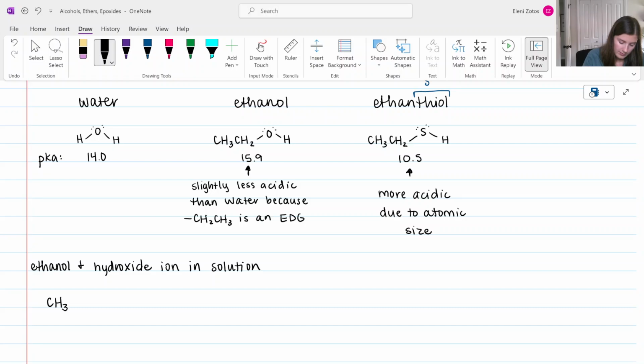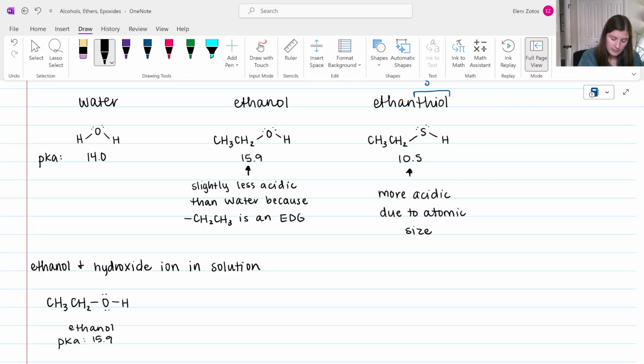So if we have ethanol, let's draw that out here. Okay, so ethanol has a pKa of 15.9.